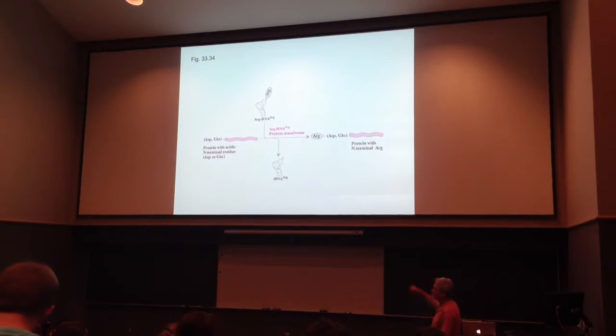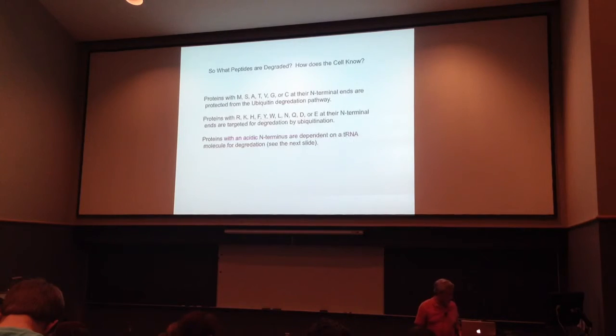What first happens is there's an arginine protein transferase that transfers arginine off of a charged arginine tRNA molecule to the protein. So it's a tRNA protein transferase, and it just puts the arginine on the end. Once that arginine's on the end, then it's targeted for ubiquitination and it turns over.